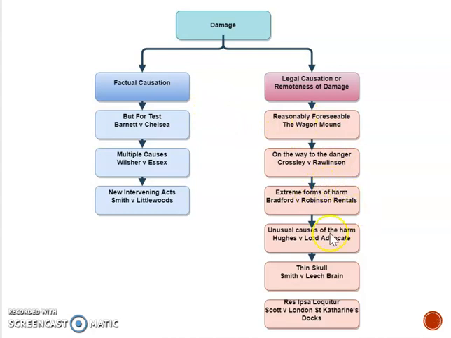Extreme forms, unusual causes are still recoverable. Thin skull applies, as it does in criminal law, that our defendant has to take his victim as he finds him. And res ipsa loquitur is a little rule that we look at, which says that sometimes it's so obvious that negligence has occurred. Res ipsa, the thing speaks for itself. And we saw that in Scott v London.